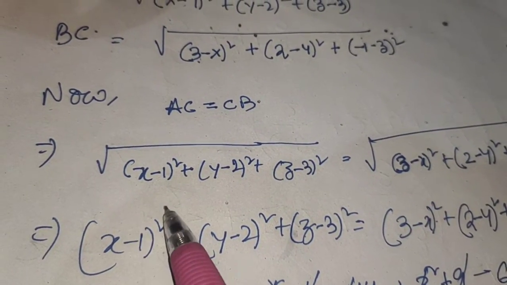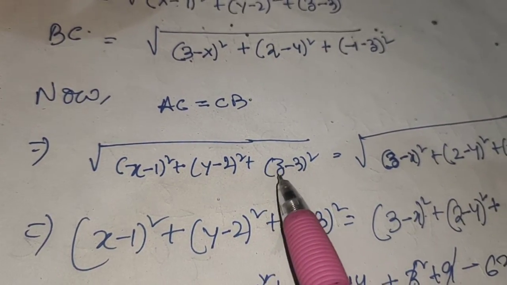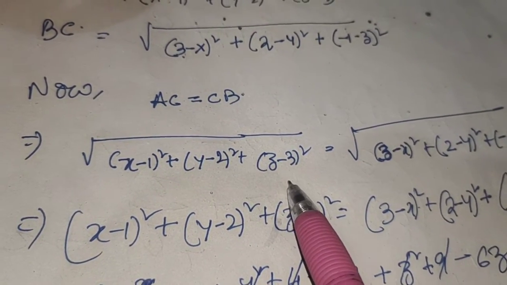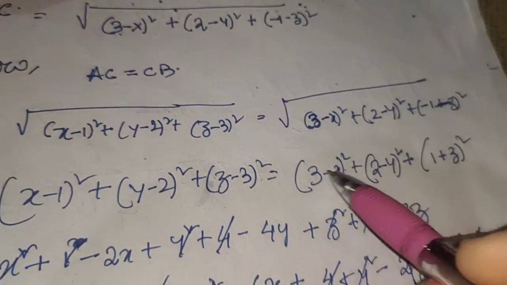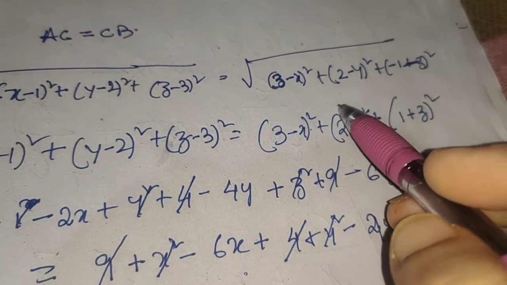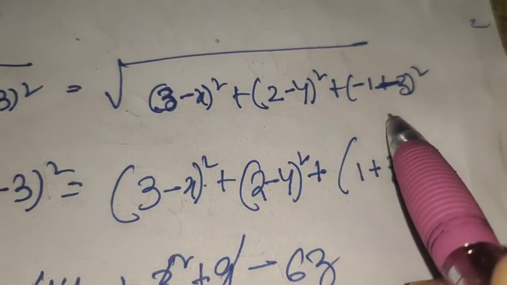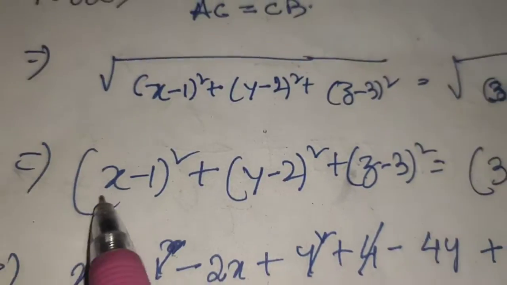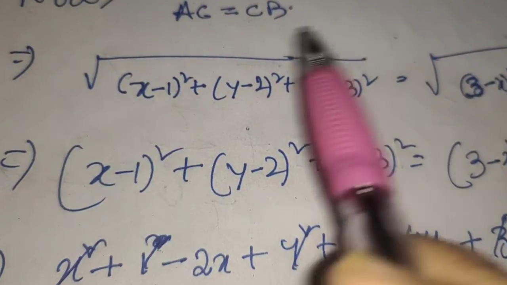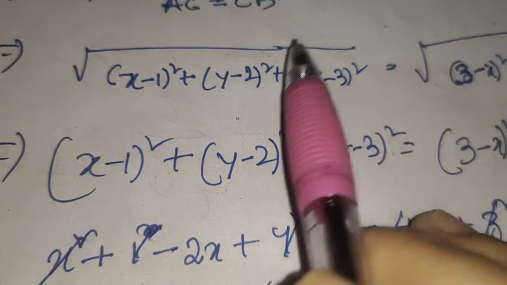So root over (x minus 1) whole square plus (y minus 2) whole square plus (z minus 3) whole square equals root over (3 minus x) whole square plus (2 minus y) whole square plus (minus 1 minus z) whole square. Finally, the root sign will be gone after squaring.